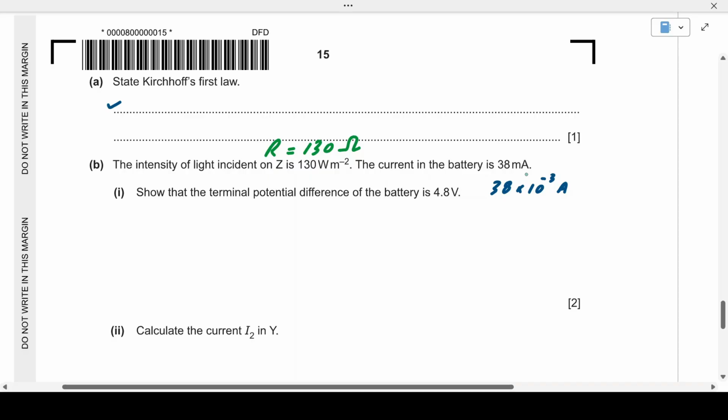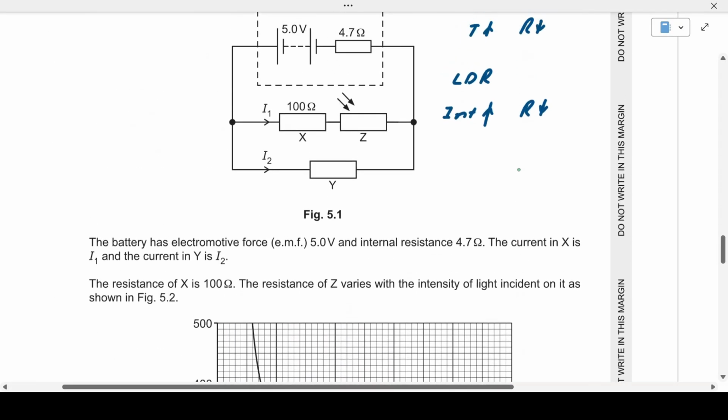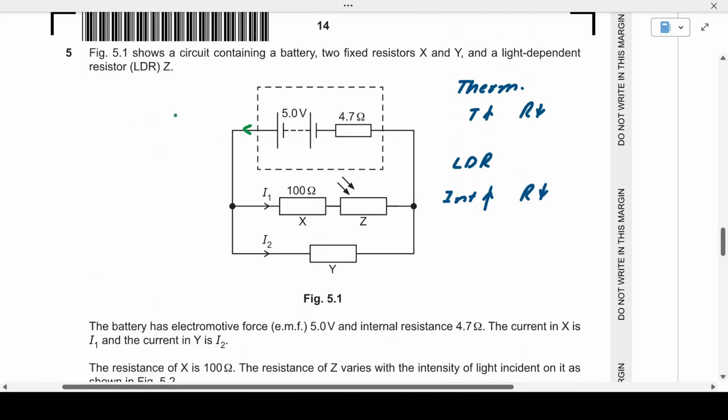So we have the total current in the battery, 38 times 10 to the power minus 3. We know the total current from the battery. The internal resistance is also given, and we need to find the terminal voltage. So what if we use the formula.